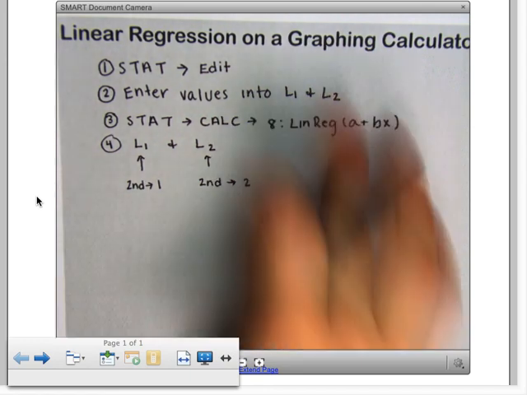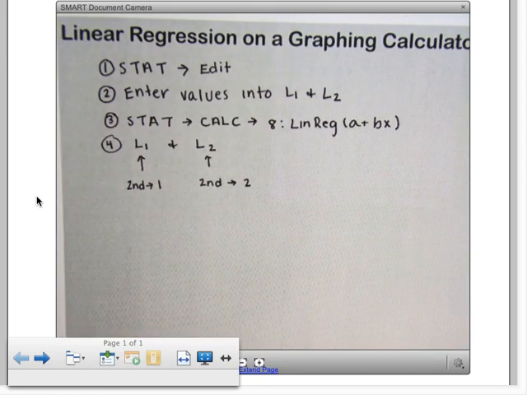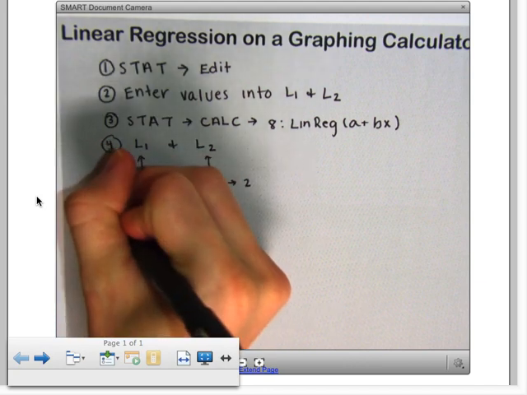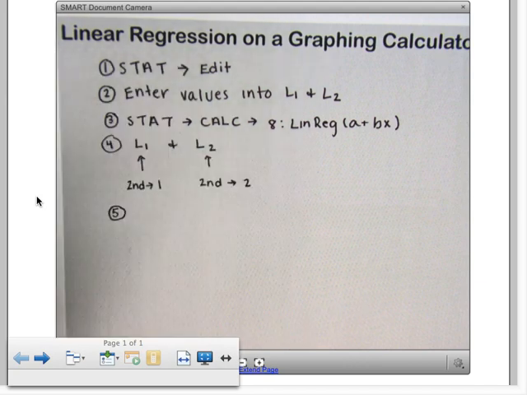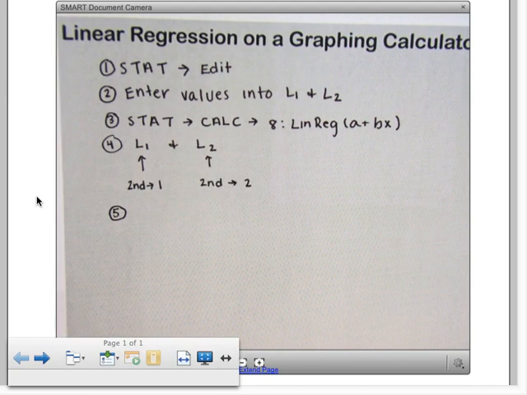Okay, so once we have all that, if we just hit enter, it'll give us the least squares regression form or equation. We're going to do more of this over the next lesson, but I'm going to go ahead and give you the step because it should show up.